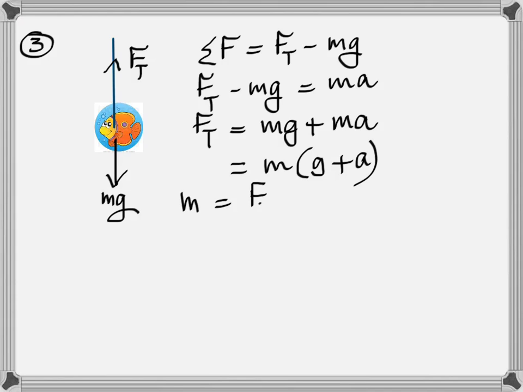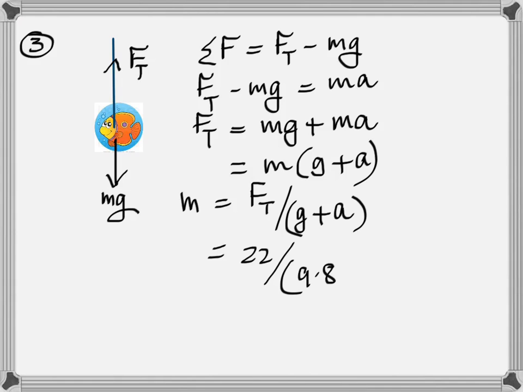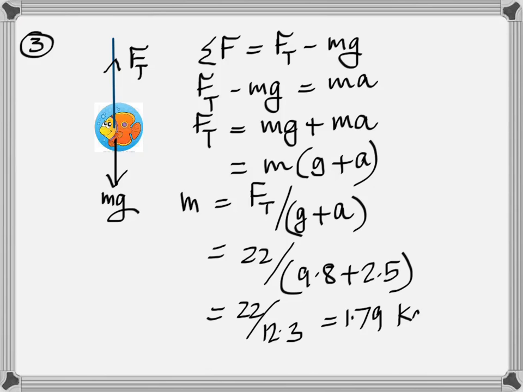Make mass the subject. Get 22 by 9.8 plus 2.5, which gives 1.79 kilograms as the mass of the fish.